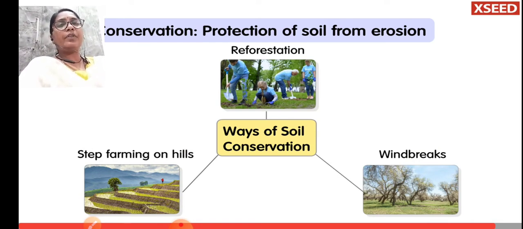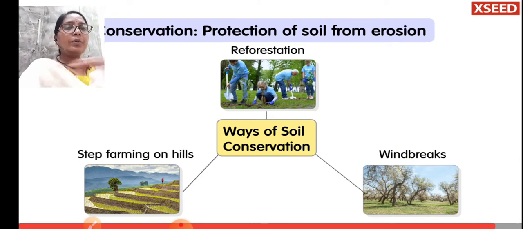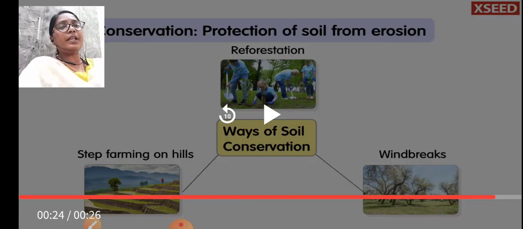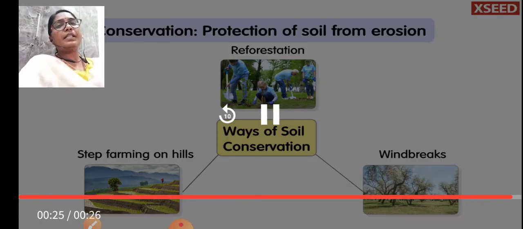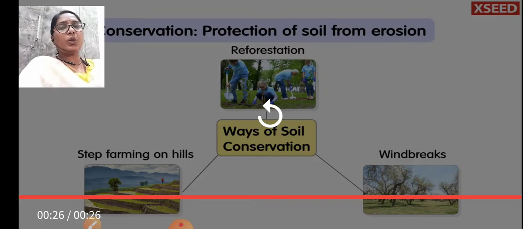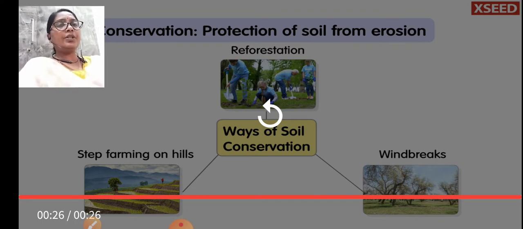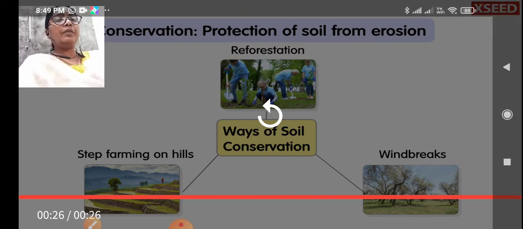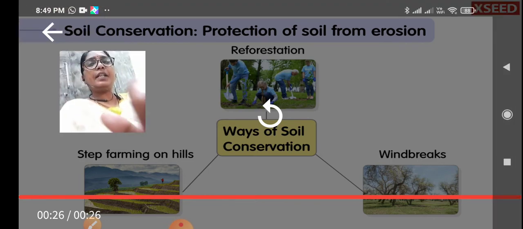So by step farming, by reforestation, by windbreakers, when we grow the plants in rows, soil erosion can be reduced. So by following all these ways, we can save or conserve the soil. Understood? So now we will discuss based on your activity.